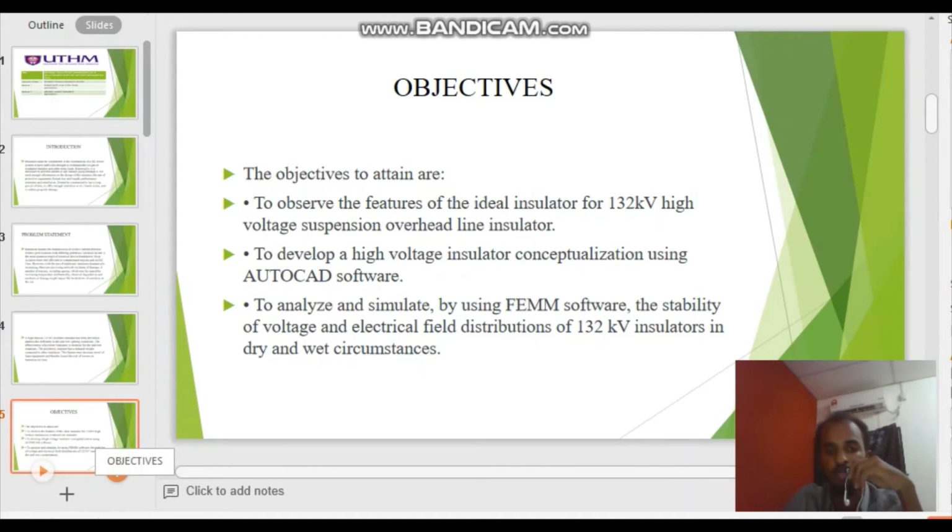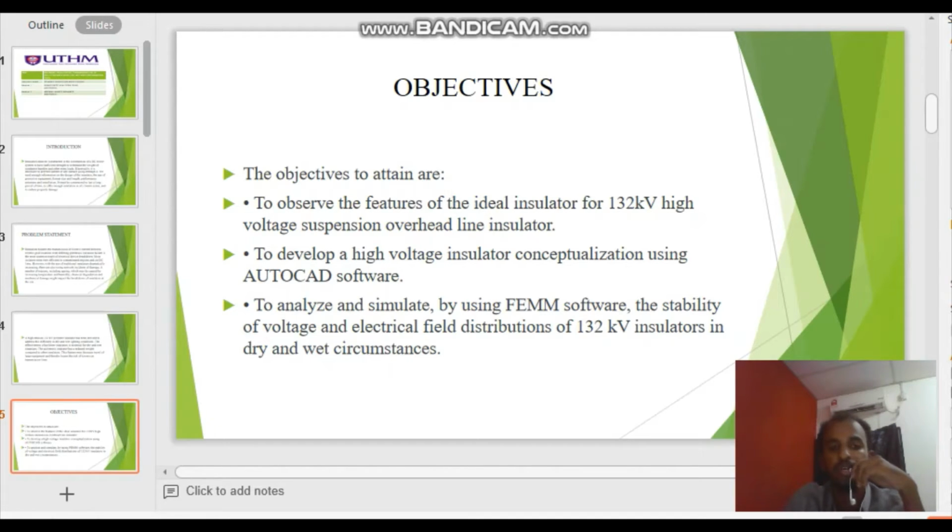Our objectives of our project. The objectives to attain are: first, to observe the features of the ideal insulator for 132 kV high voltage suspension of a headline insulator. Second, to develop a high voltage insulator conceptualization using AutoCAD software.